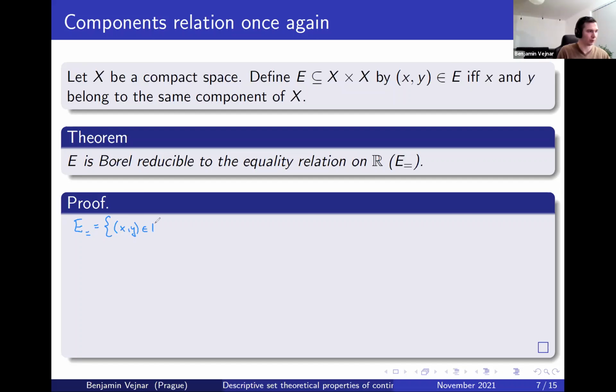It is the set of all pairs (x, y) where x equals y. So this is the equality relation on R. And what we want to prove is that this E, which of course depends on the fixed space X, is Borel reducible to the equality relation.